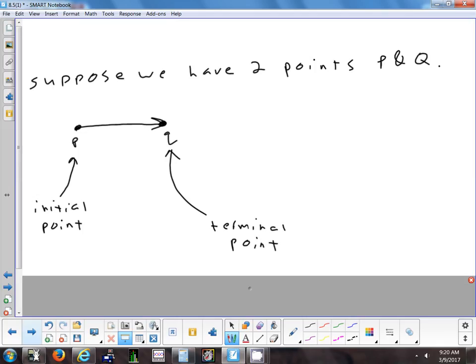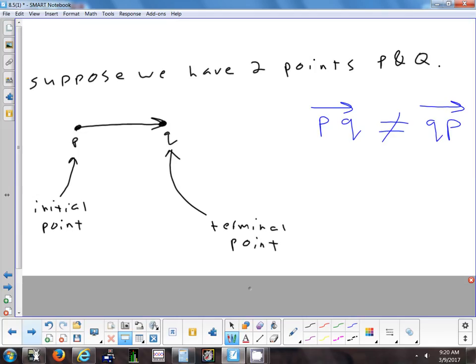So just like in geometry, if you describe this as ray PQ, this is how you would probably describe it in geometry, ray PQ. This is not the same as saying ray QP. They're not the same thing.